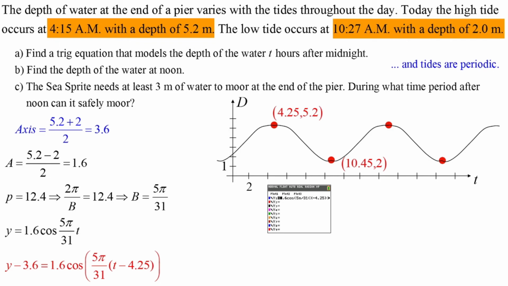All right, and then go y sub 1 equals 1.6 cosine of parenthesis, and then put in your 5 pi divided by 13. Then another parenthesis with an x minus 4.25, and close that quantity, x minus 4.25.